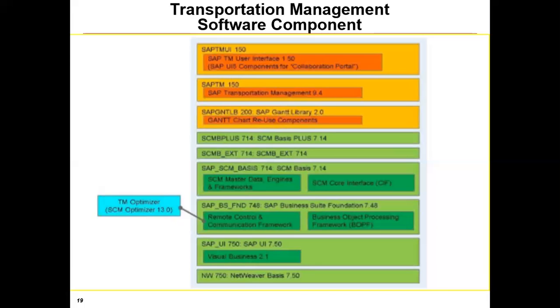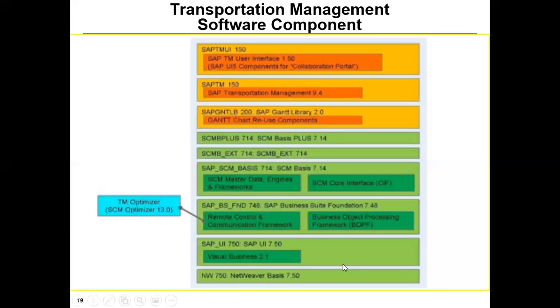So SCM Basis Plus has a particular brand called SCM BP, SCM Basis Plus 714 version. Next also, SCM extensions, some extended options are there, maybe to make the connectivity to non-SAP or any other external worlds. Any .NET activities, we can do this connectivity feasibility by using this particular component.